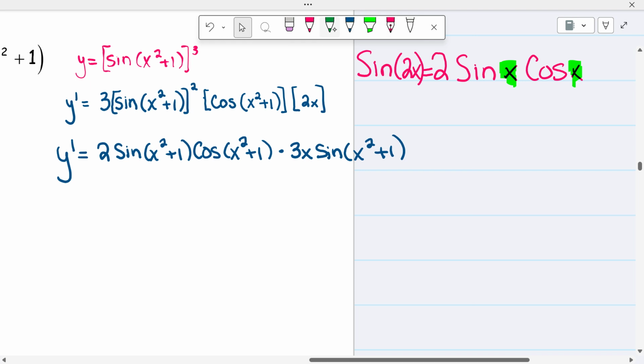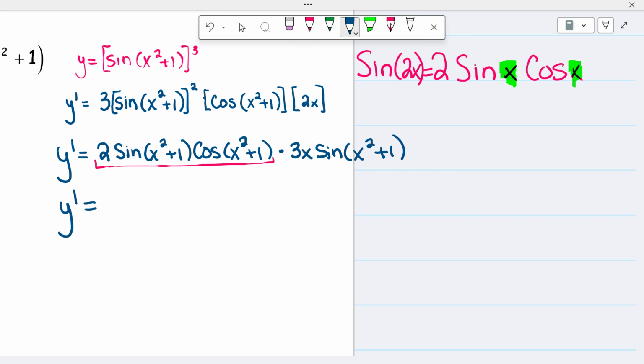So then this whole thing I can replace with, exactly, this whole piece. Remember, in the pattern it's an x. I'm changing it to an x squared plus 1. So that means right here in the pattern, guess what you put in for that x?